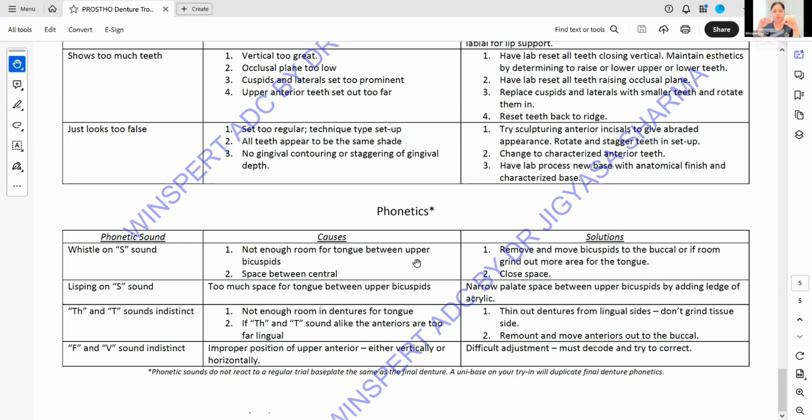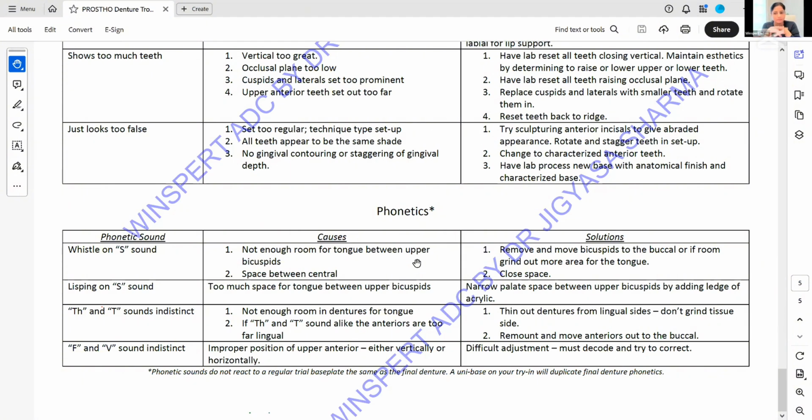So too far anterior, too far lingual will cause F and V problem, or too far below or too far above, with inappropriate deep bite or overbite, will also cause it. So check the anterior incisors in the maxilla for their horizontal and vertical positioning to check the F and V sounds.